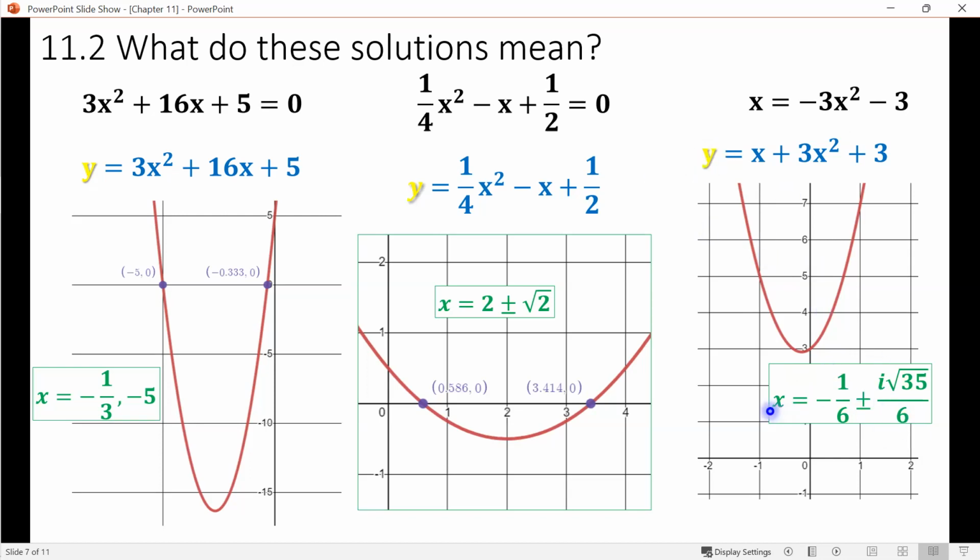So if we have no real solutions to our quadratic equation, it means that if we look at the associated quadratic function, it will never cross the x-axis. So that's just how solving these quadratic equations relates to quadratic functions and graphing later on.